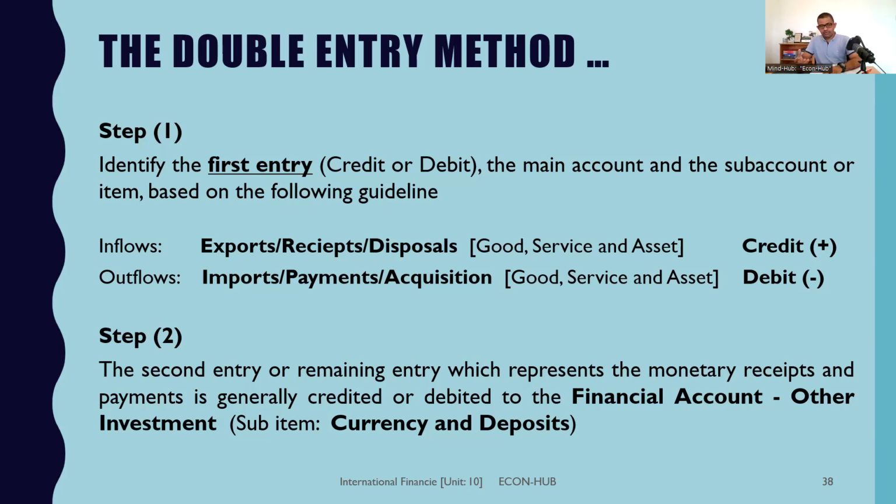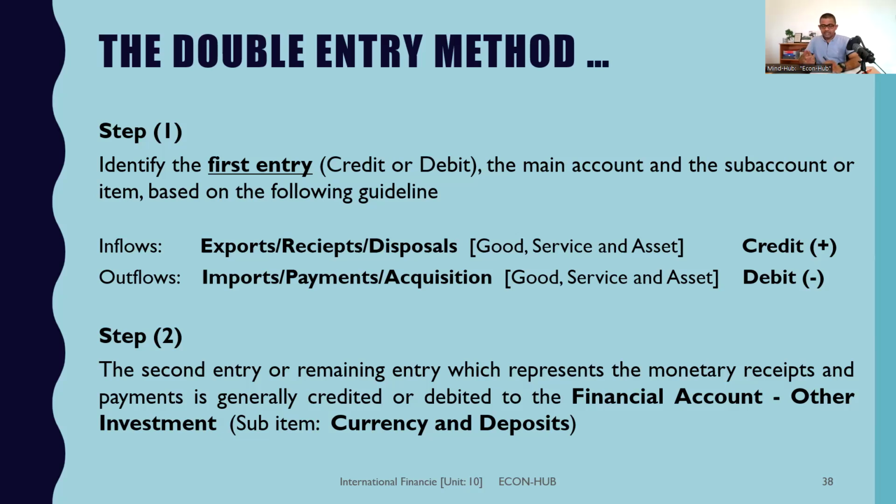If it's an inflow, commonly exports, receipts of some income or payment, and the proceeds of disposing some kind of capital asset, then the first entry is a credit entry in the relevant account and sub account. If the item given to you is an outflow, such as imports, payments, or acquisition cost of assets, then we record it as a debit item. So the first entry in the relevant account, sub account, could be a credit or a debit, depending on whether it's an inflow or an outflow.